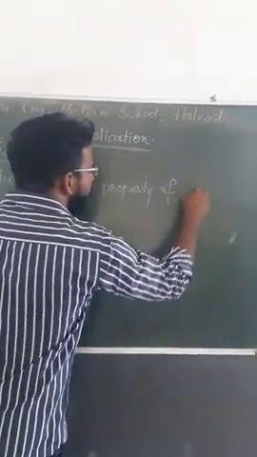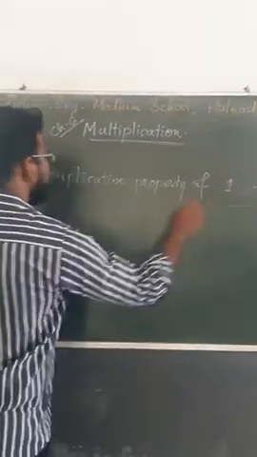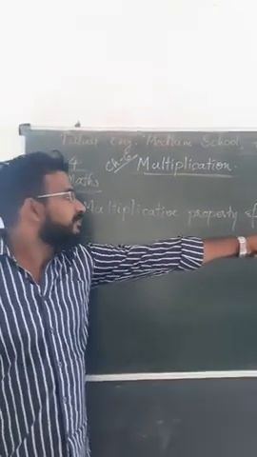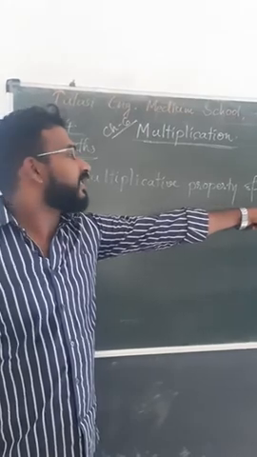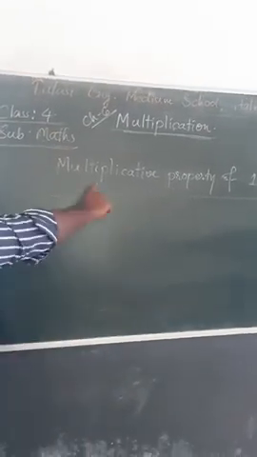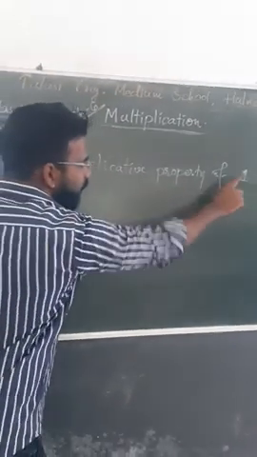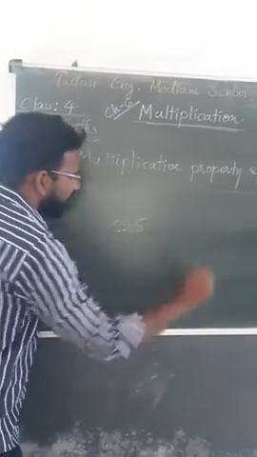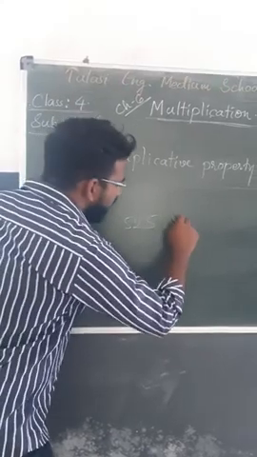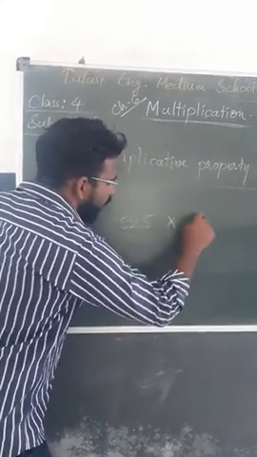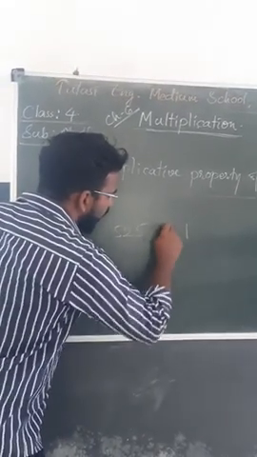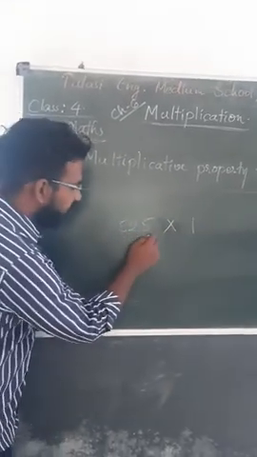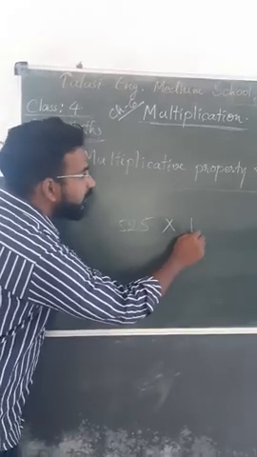Multiplicative property of 1. It means when we multiply any number by 1, what will be the result? When we multiply any number, 525, I am going to multiply by 1. 525 into 1.